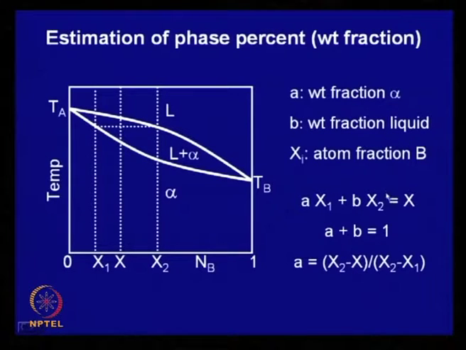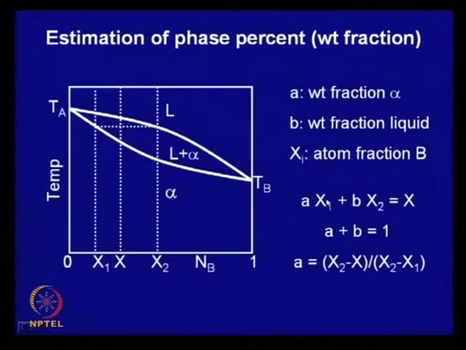Now, what you can do? You can try and find out, see, the total amount of B in the alloy is x. X represents the weight fraction of B in the alloy. In that case, you can simply write this equation. A is the weight fraction of alpha, times x 1 is the amount of B. So, multiply this by x 1.